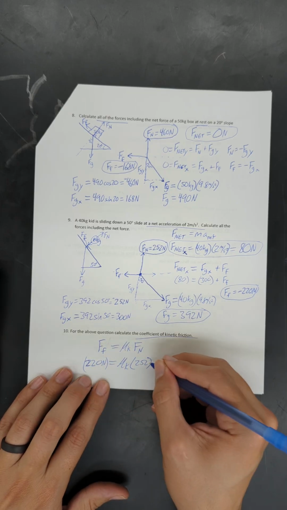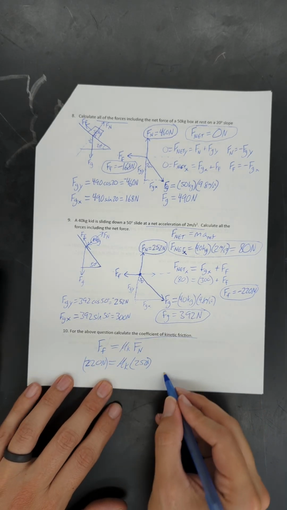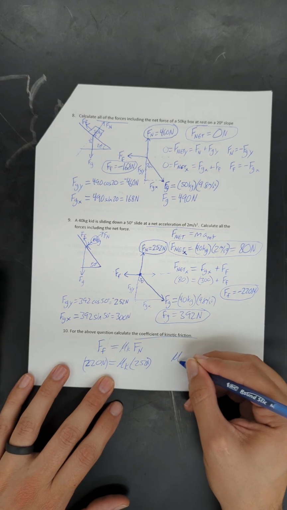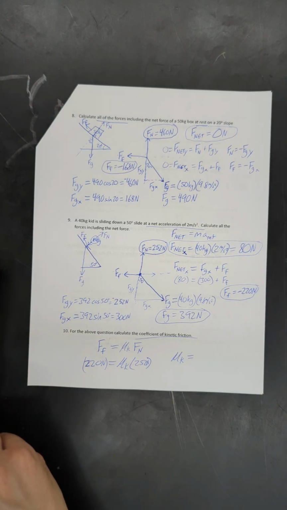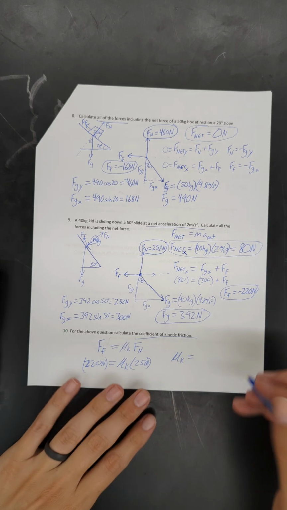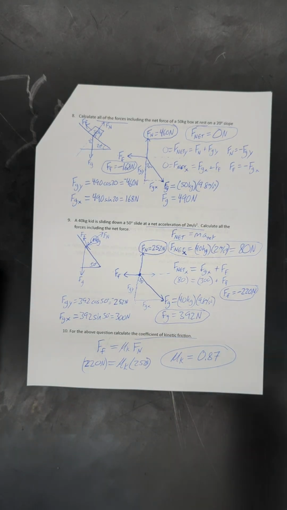Technically, we should have our units there, but because they're both newtons, they cancel out. You divide both sides by 252, and you get your coefficient of kinetic friction is equal to 220 divided by 252, about 0.87. No units on that one.